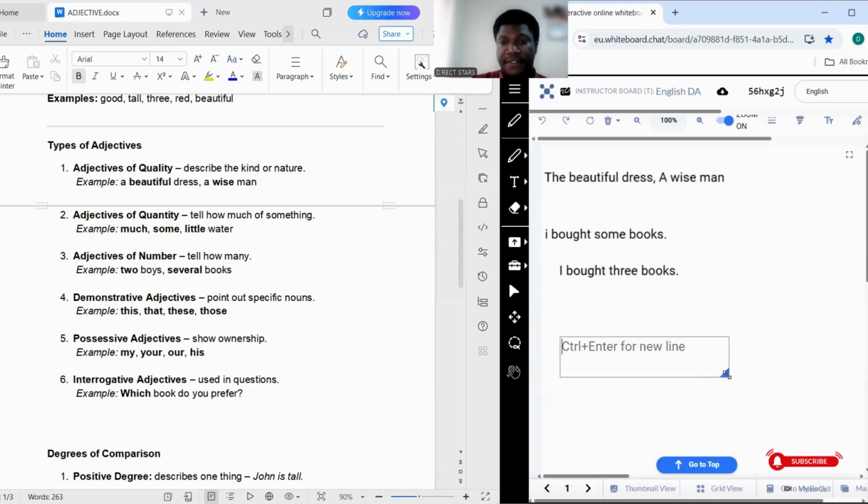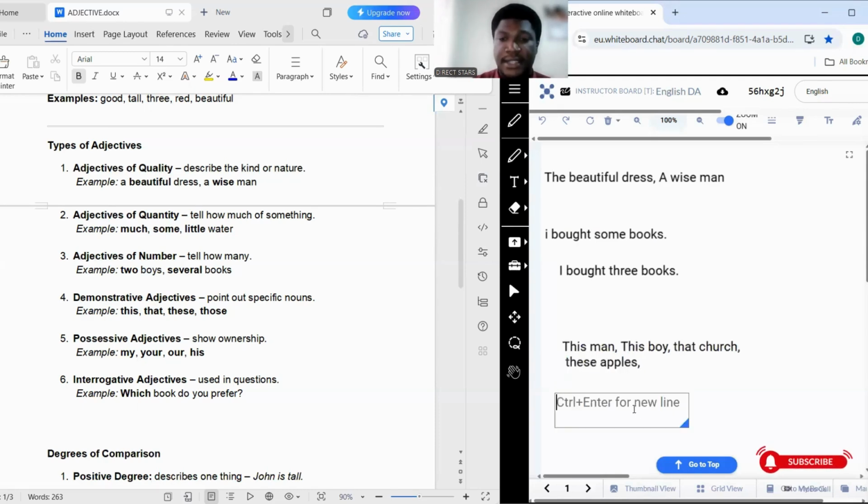This man, this boy, that church, these apples. Man, boy, church, apples, they're all nouns. This, that, and these are demonstrative adjectives. They are pointing out the specific noun in the sentence.